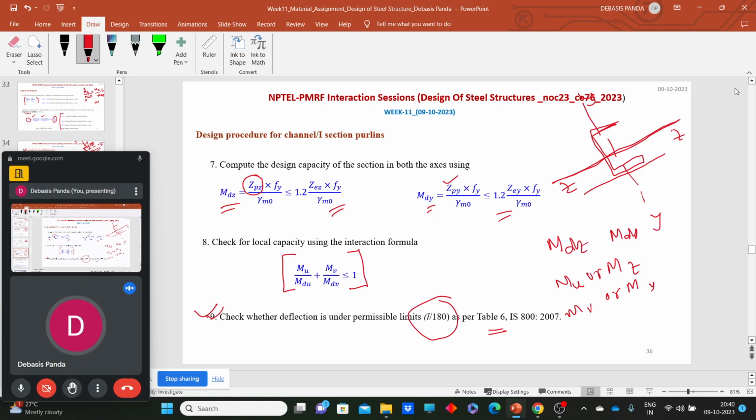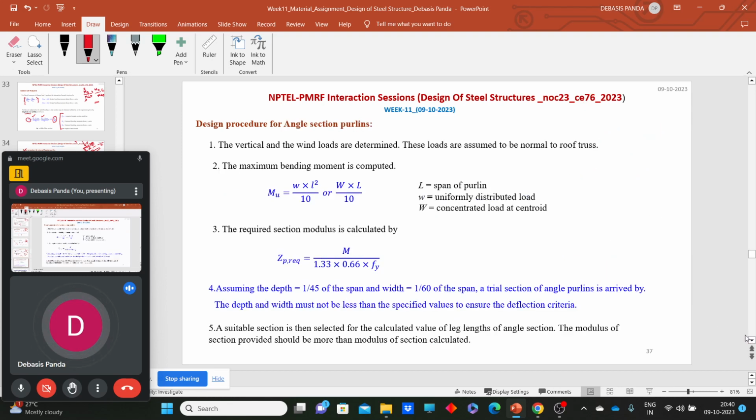Now when angle sections are used, the design procedure is a little different. For angle sections, first we need to calculate the loads, the vertical and horizontal loads.